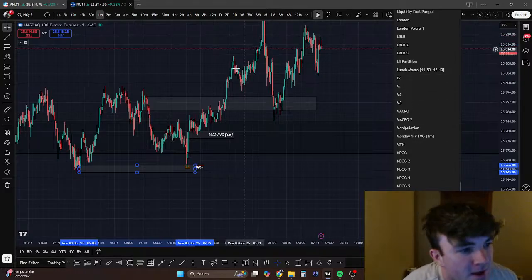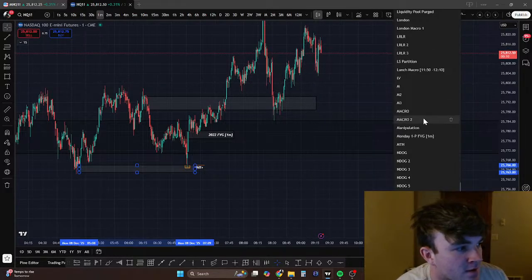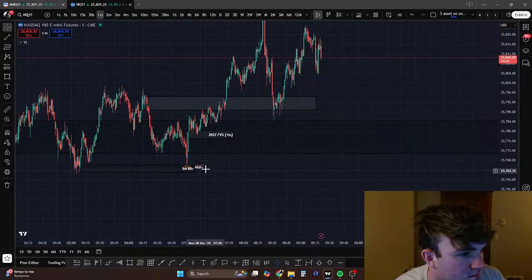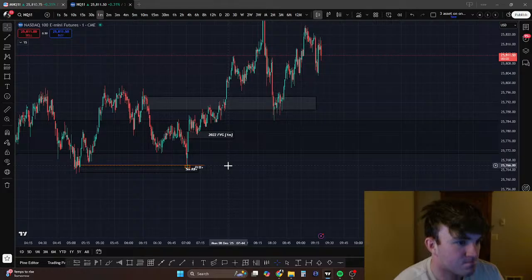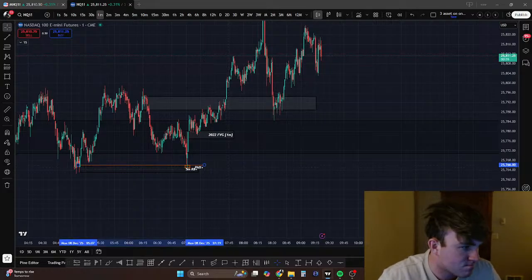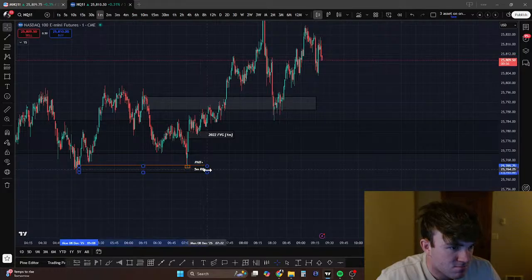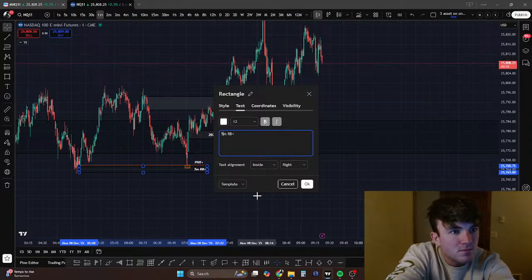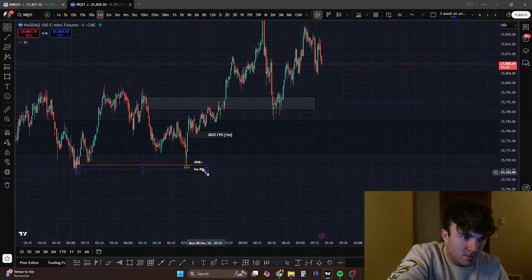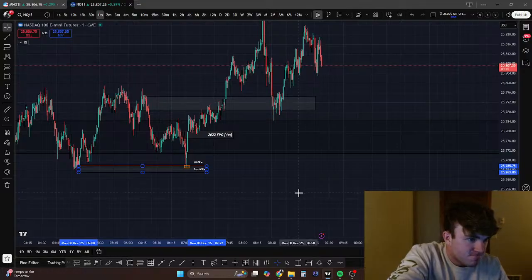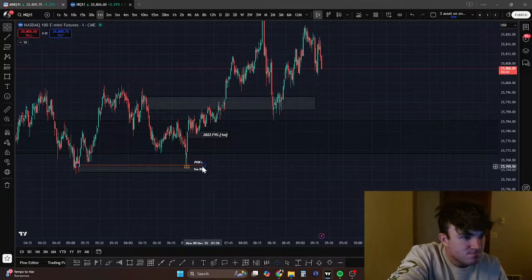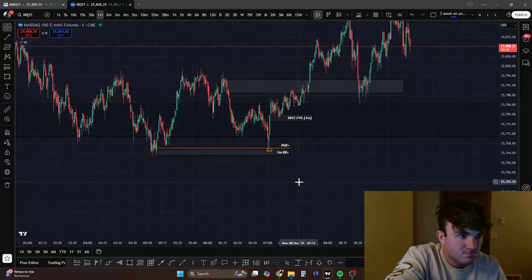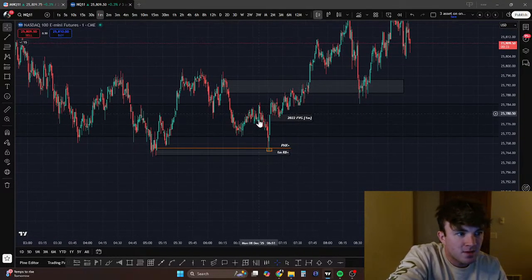So maybe if we come down, sweep out some lows and then get some trade to the upside. We could even come down to this gap.